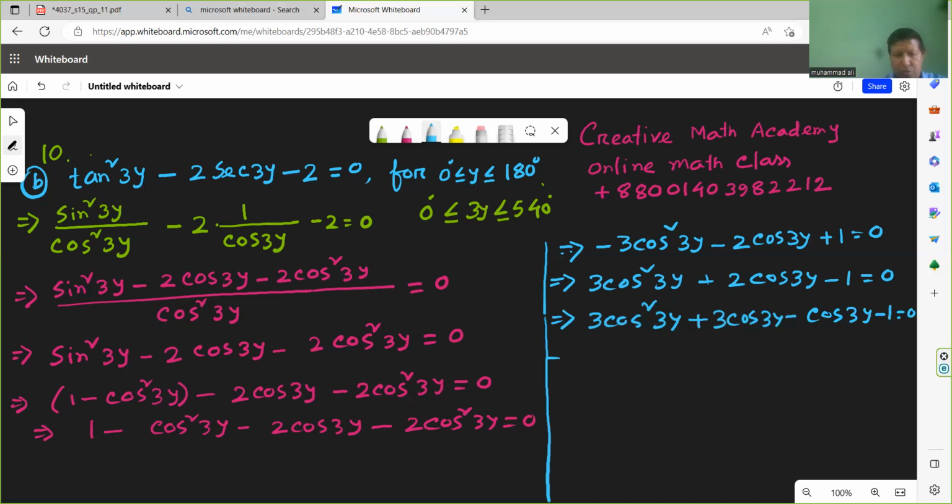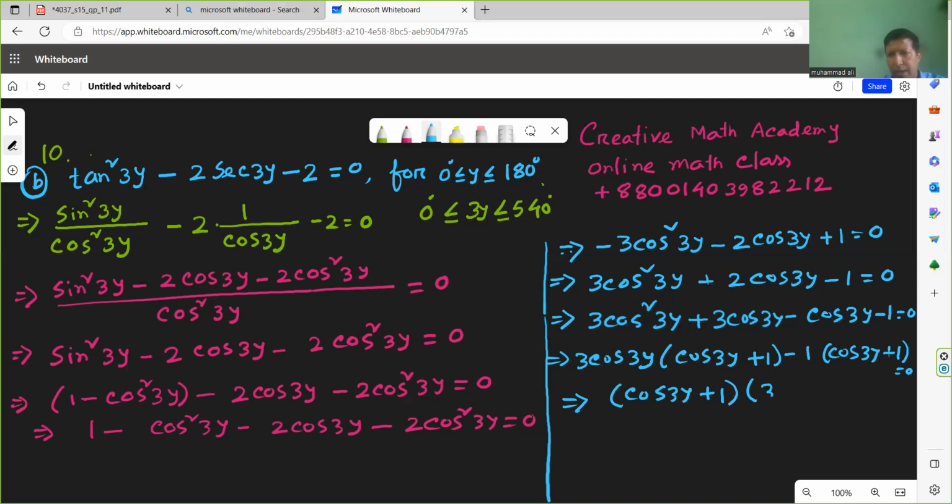So taking 3 cos 3y common, we'll get cos 3y plus 1, and minus 1 common, so it will be cos 3y plus 1 equals 0. So we'll get cos 3y plus 1 and 3 cos 3y minus 1 equals 0.